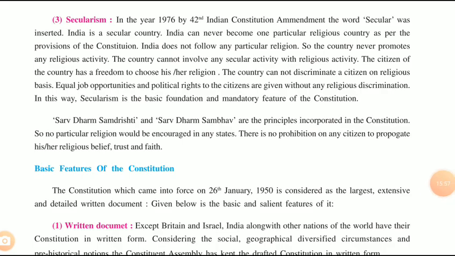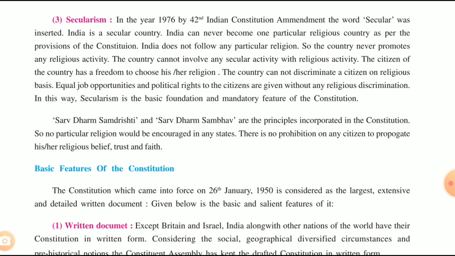Third, and one of the most important parameters of our constitution, is secularism. The word secular means any person of Indian origin has the right to choose and select his or her religion.